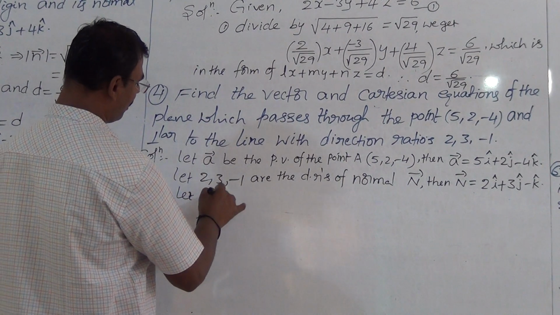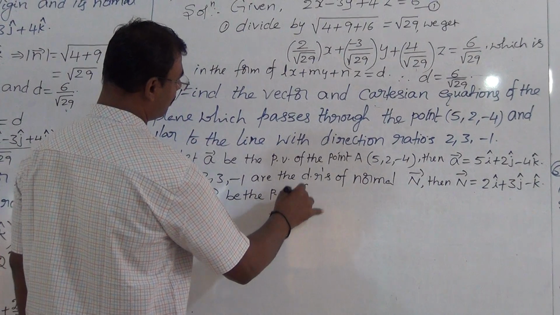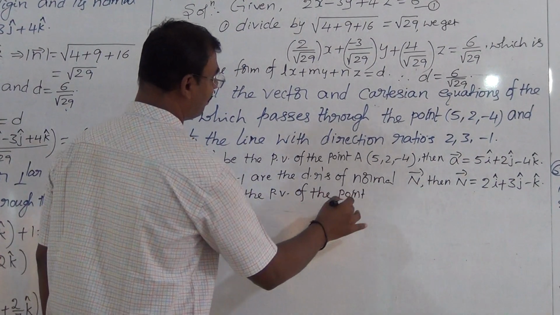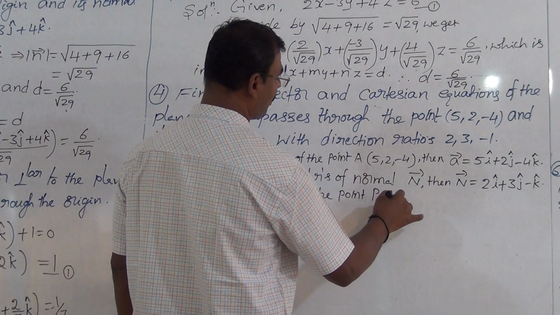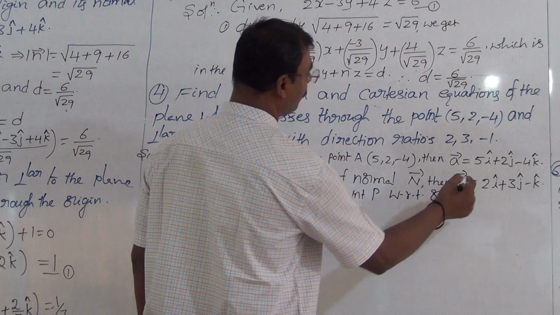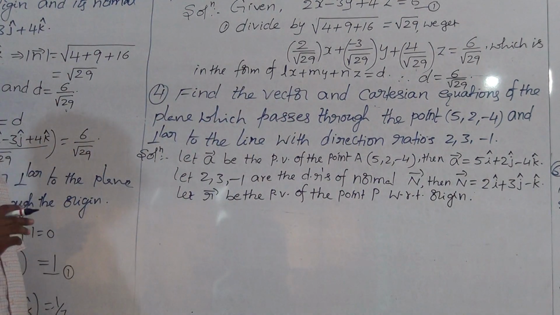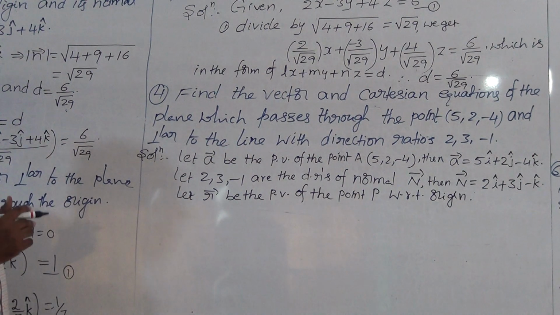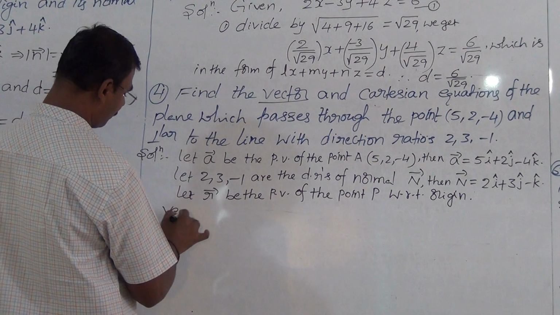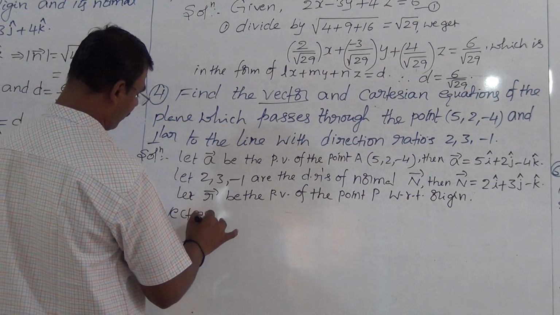And also the general vector. Let r bar be the position vector of the point P with respect to the origin. We just have to write some descriptive words. Here we are asked for the vector equation of a plane, so first the vector form.